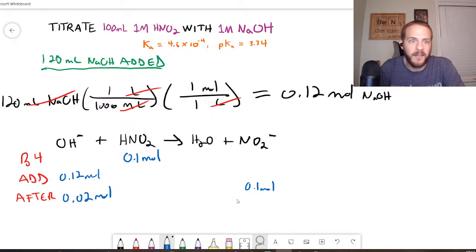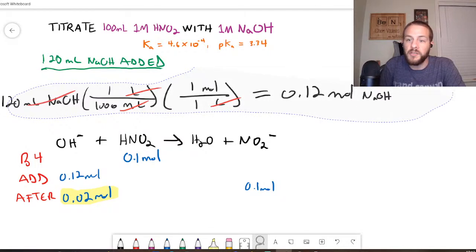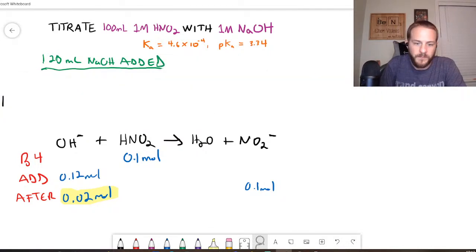For reasons that I discussed earlier, the hydroxide ion dominates the acidity and alkalinity of this solution in ways that the nitrite ion could only dream of. So this contributes negligibly to the pH calculation. So we're just going to consider this 0.02 moles of hydroxide. We need to convert that into the concentration of hydroxide.